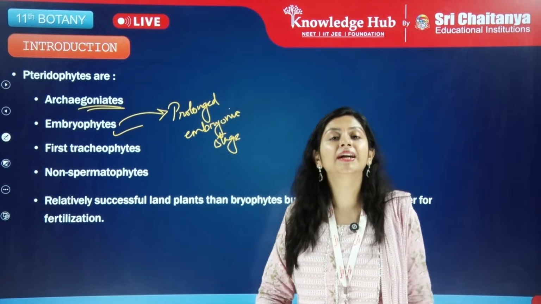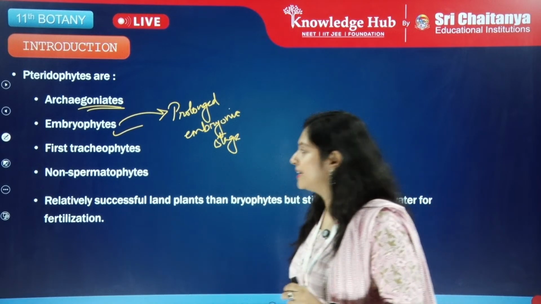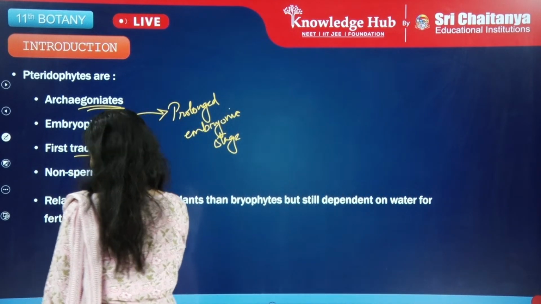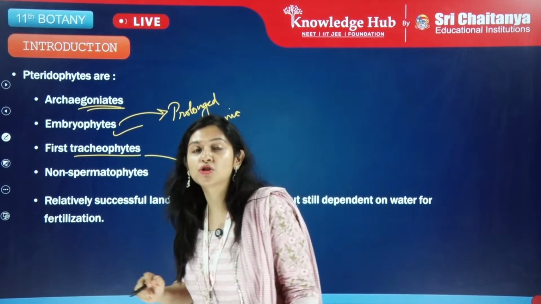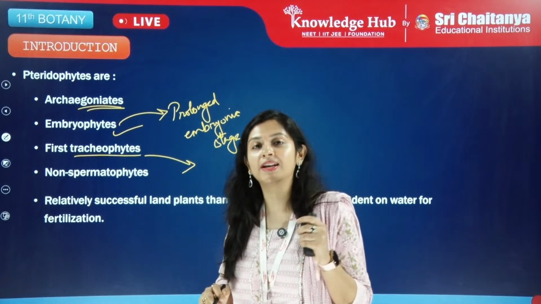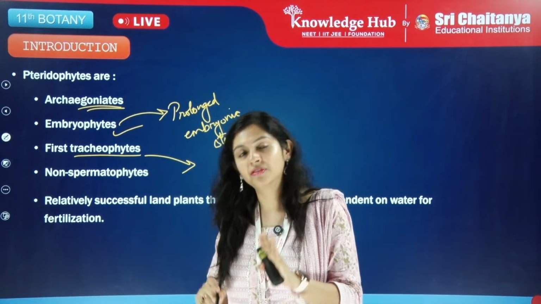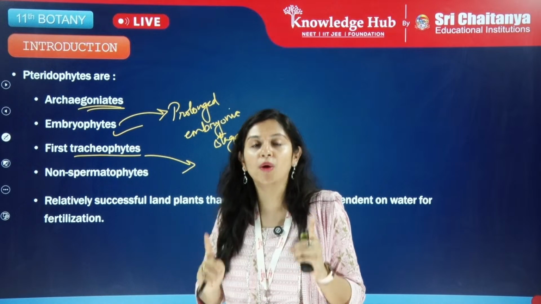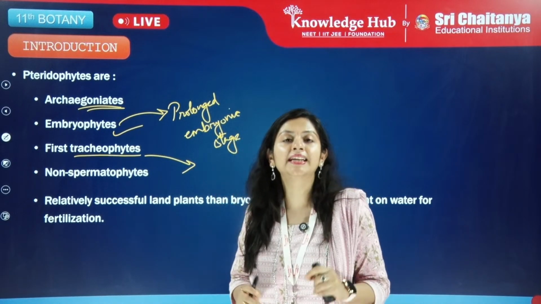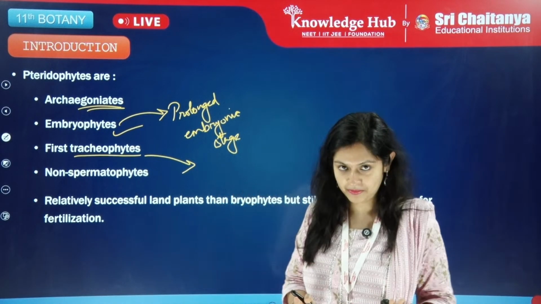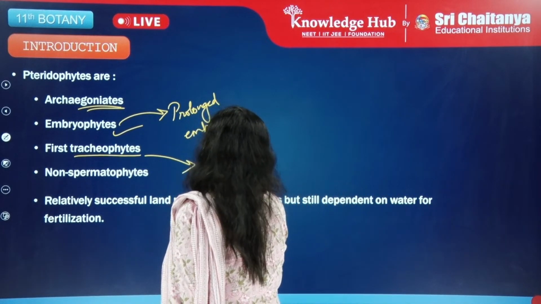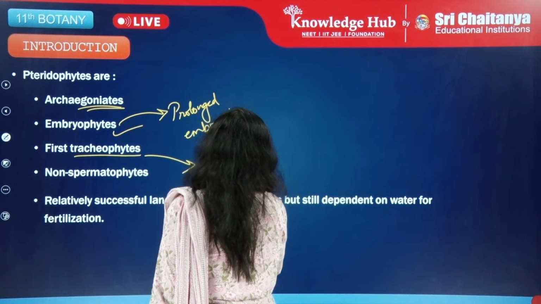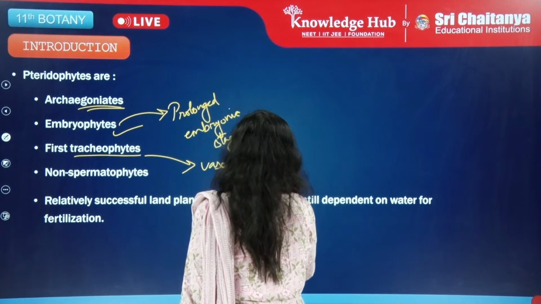They are also called tracheophytes. What do we mean by tracheophytes? It means that they have different types of xylem and phloem vessels. They have proper xylem and phloem, and the tracheary elements are present in them. So tracheophytes means that they have the vascular system present in them.